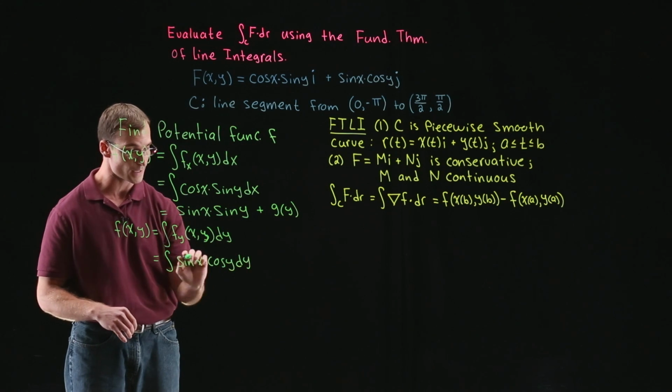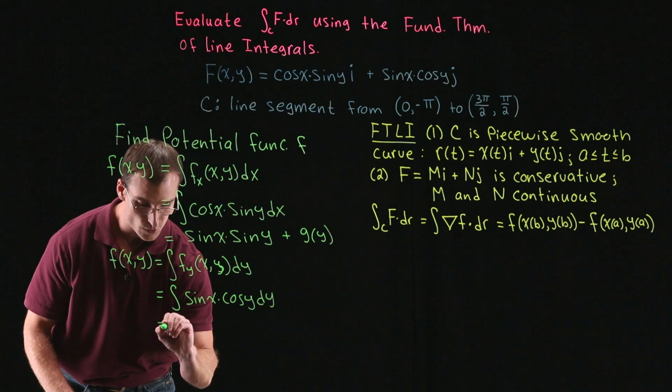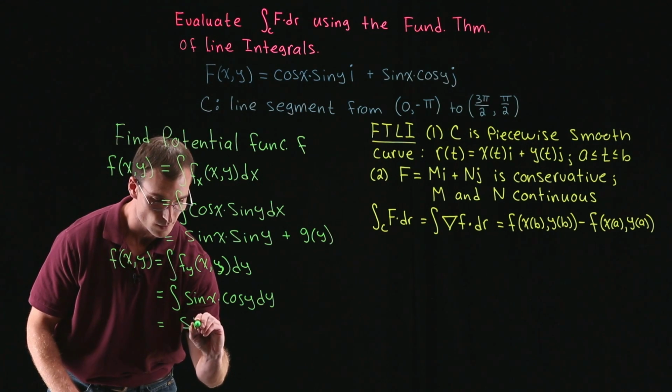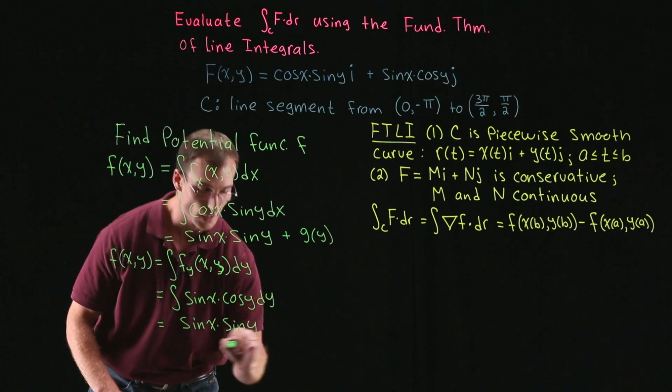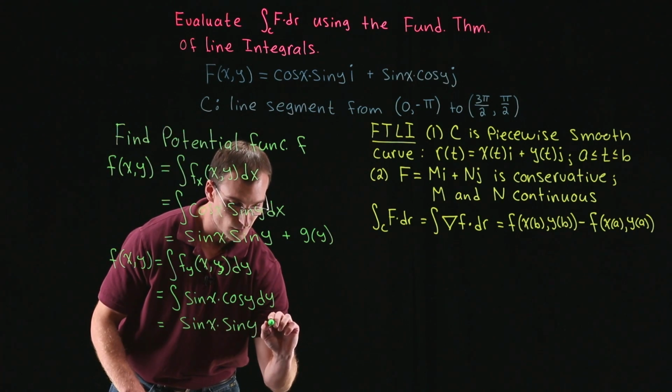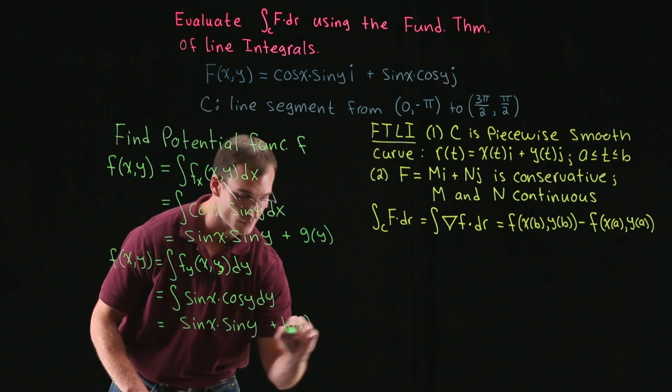Same thing, we're taking the integral with respect to y, so sine of x is treated as a constant. This will be equal to sine of x times sine of y, plus some constant that could be a function of x, so we'll write it as some h of x.